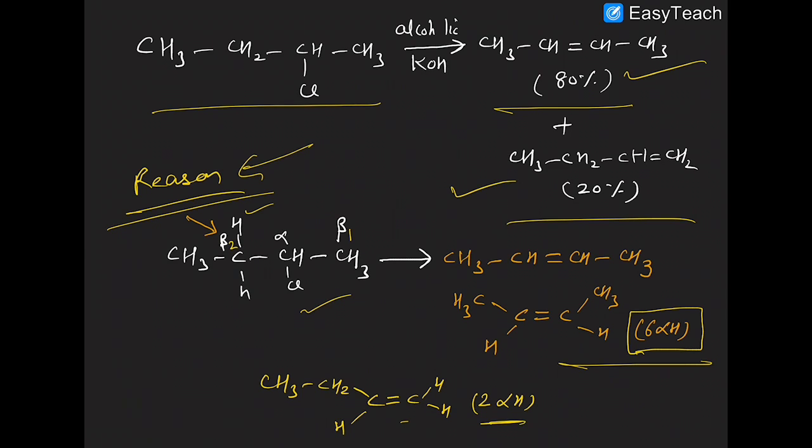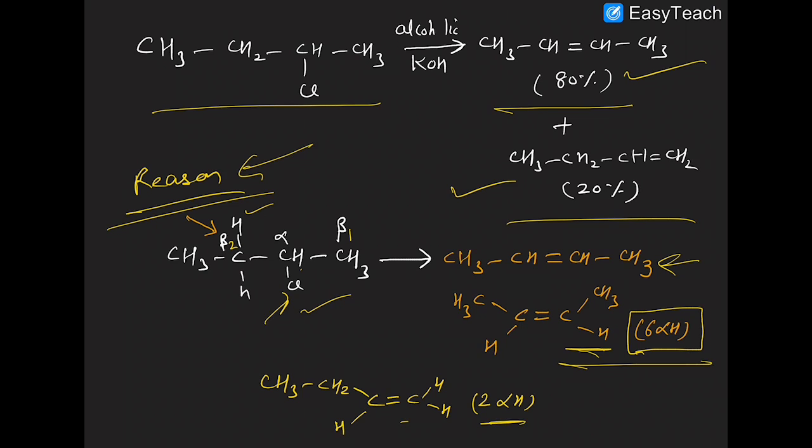Here you can see that you mark the carbon containing the chlorine as the alpha carbon, and you have beta 1 and beta 2 as the two carbon atoms immediately next to that. Now what happens here is that if hydrogen is lost from beta 2, then you have formation of 2-butene, and in this case you have 6 alpha hydrogens.